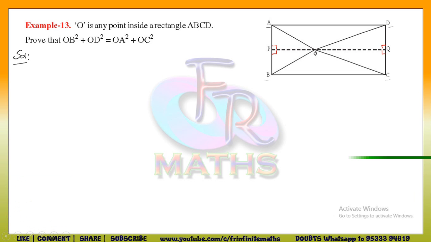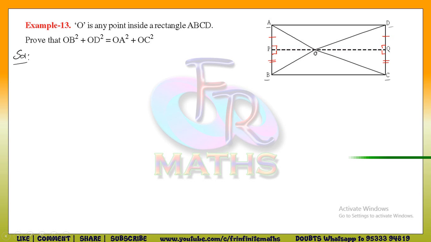Now if you observe, we have 4 right angle triangles: triangle OPA, triangle OPB, triangle OQC, triangle OQD. And one more thing, here this part is equal to this part, and this part is equal to this part.